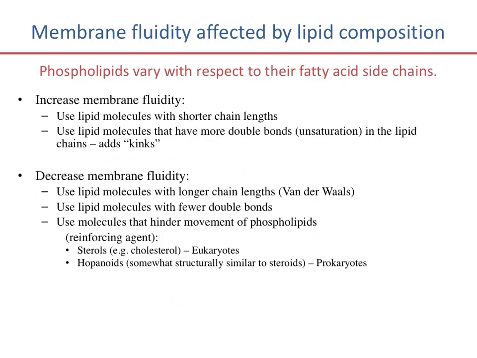Now, let's say that a cell wants to decrease the membrane fluidity. That is, it wants its membrane to be a little bit more rigid. Well, there are several ways that you can do that. Of course, the first one is to use lipids with longer chains. For the exact same reason that shorter chains increase membrane fluidity, longer chains decrease membrane fluidity.